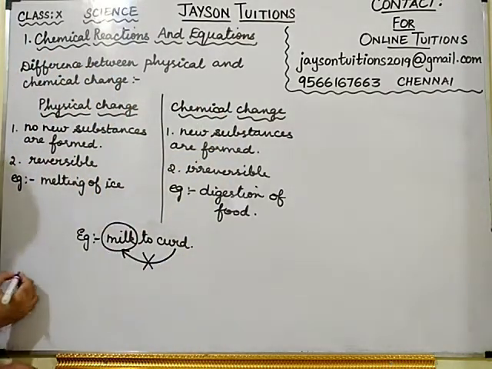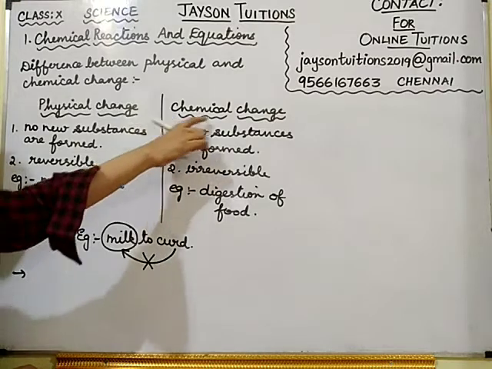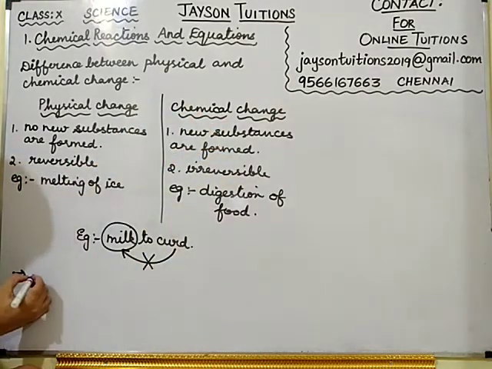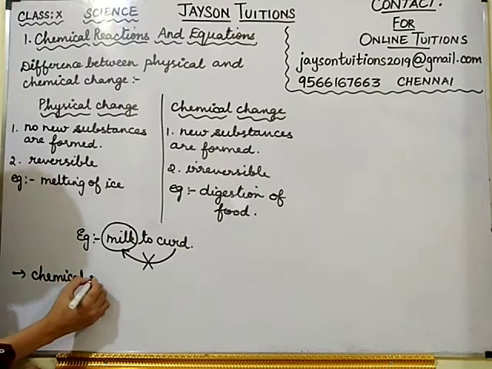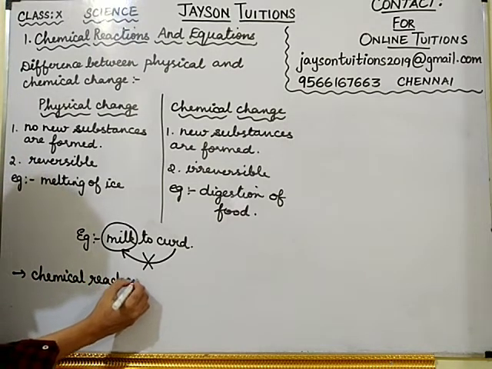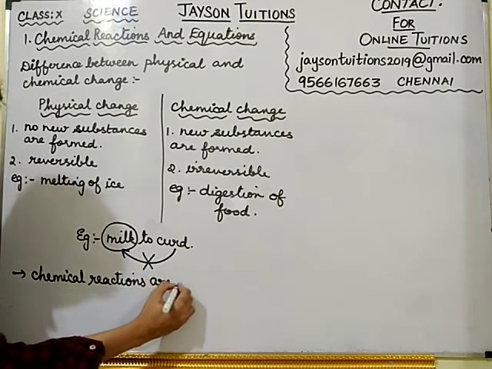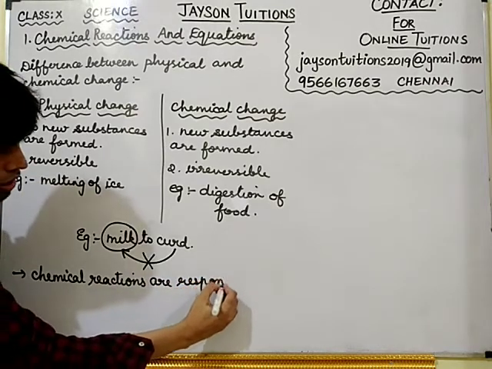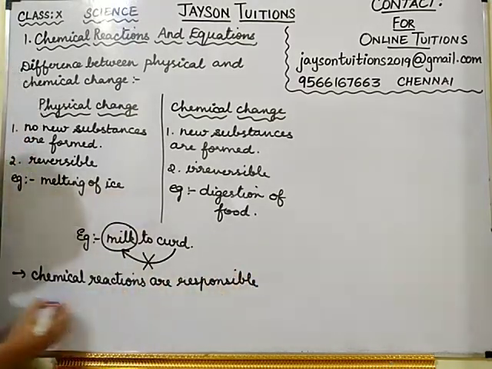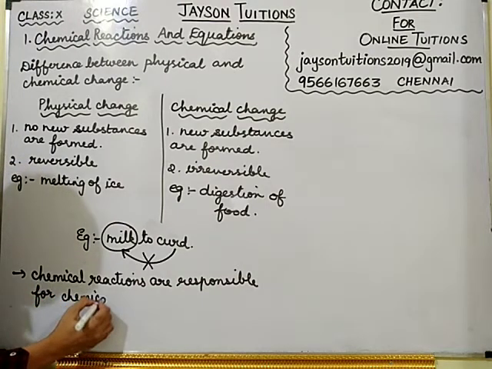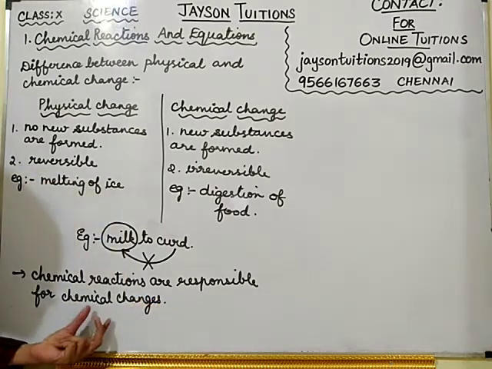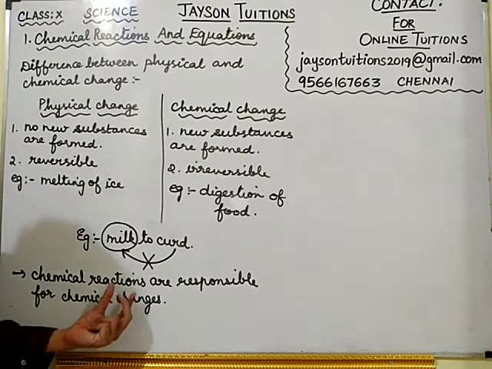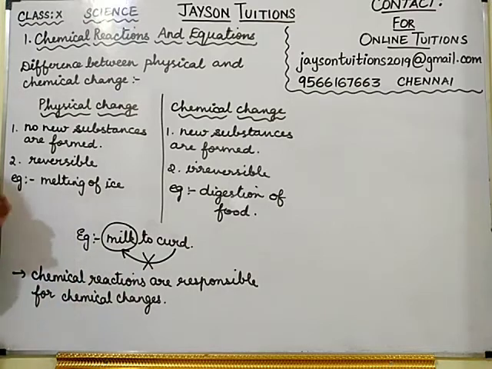So how will a chemical change take place? Only when chemical reactions are happening. Chemical changes are happening because of the chemical reactions.